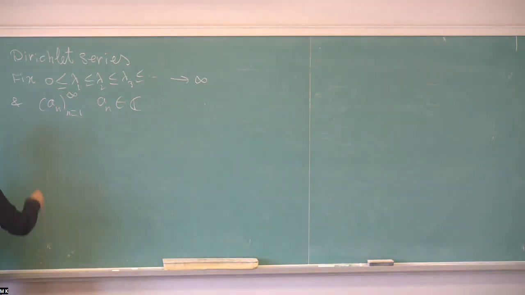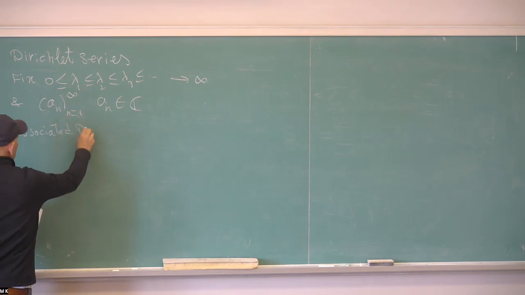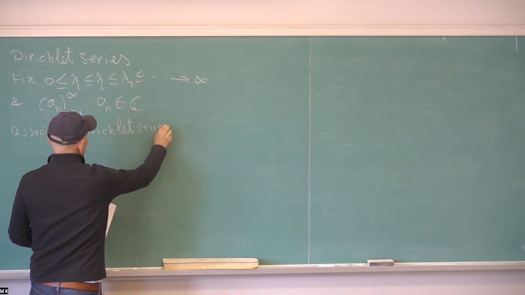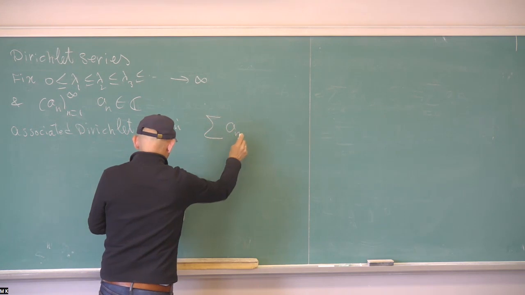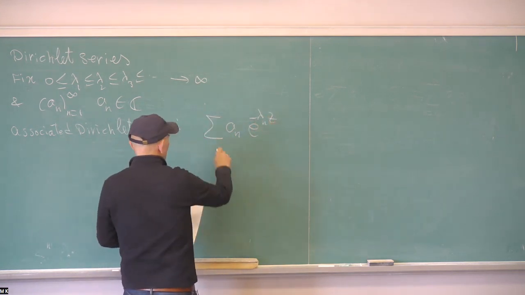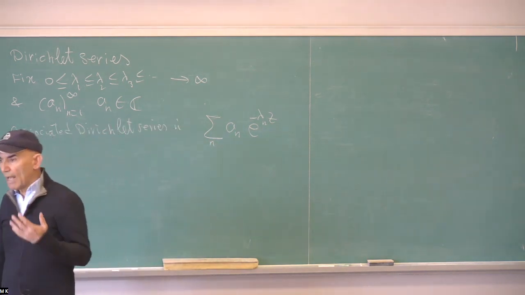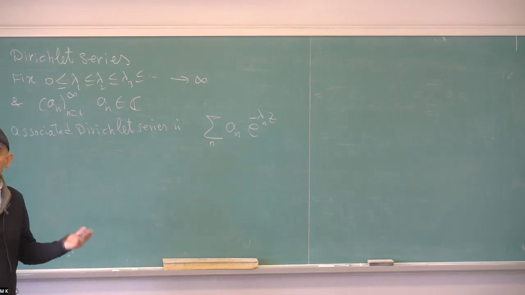The associated Dirichlet series is the sum of a_n e to the minus lambda_n z. This is a class of functions that is as important as Taylor series.